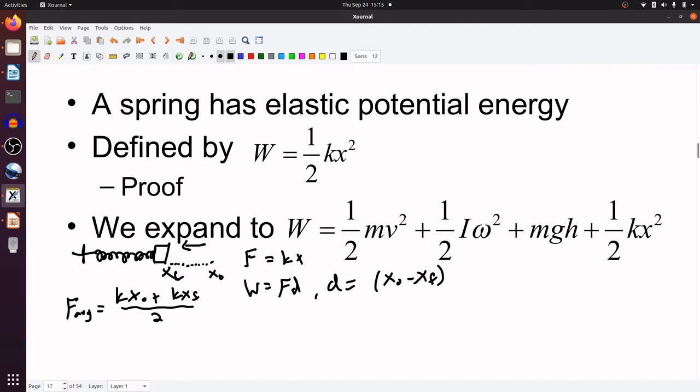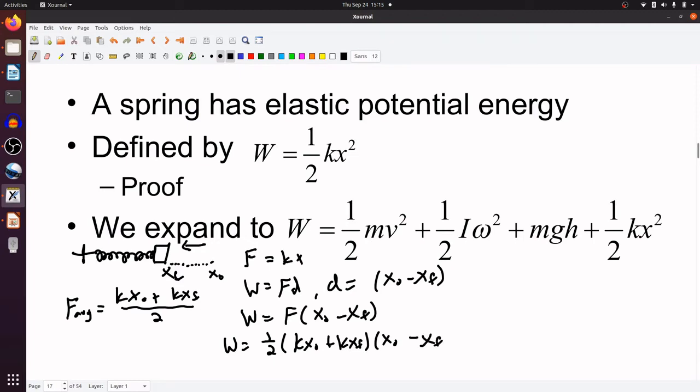Or I could say xf minus x naught and make the force negative up here. In either case, the negatives cancel. So my work is going to be force times x naught minus xf, and my force is 1/2, pulled out front, k x naught plus k xf, times x naught minus xf.